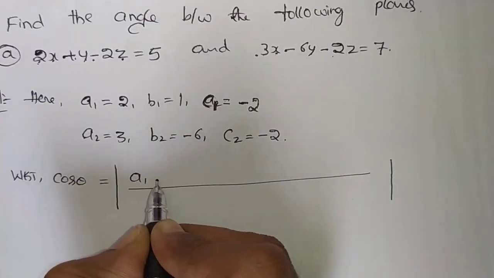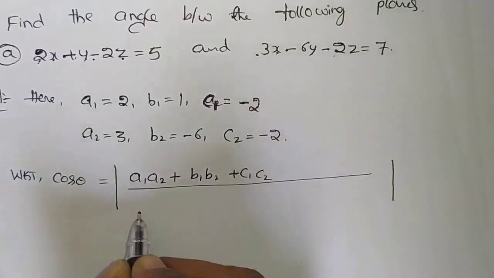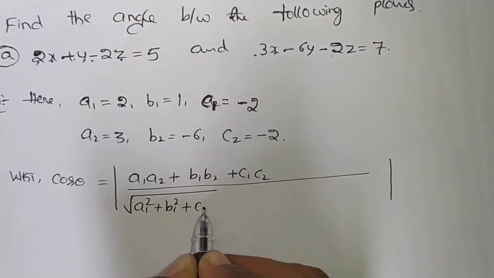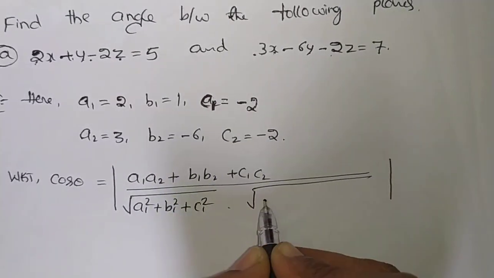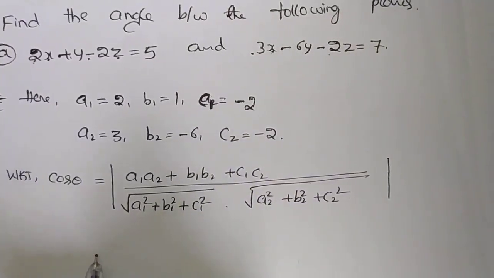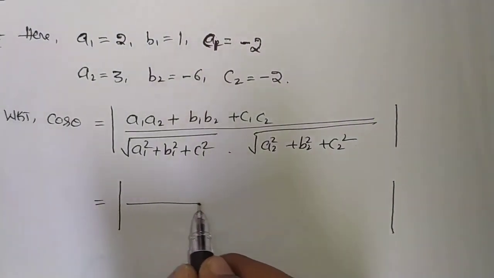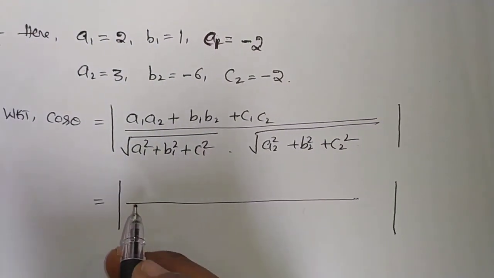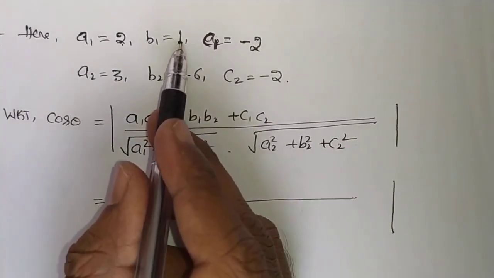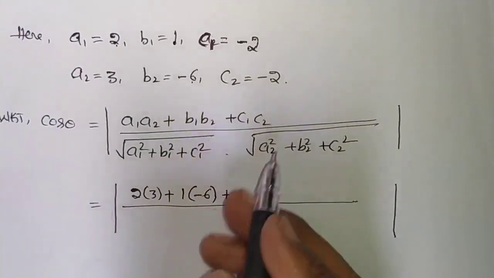a1 a2 plus b1 b2 plus c1 c2 divided by square root of a1 square plus b1 square plus c1 square, dot, square root of a2 square plus b2 square plus c2 square. That equals modulus of, you just substitute the values: 2 into 3 plus 1 into minus 6 plus minus 2 into minus 2.